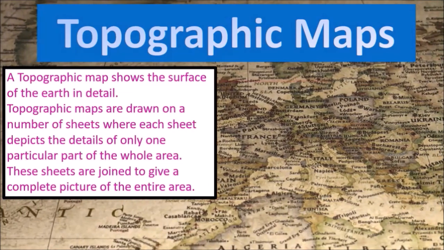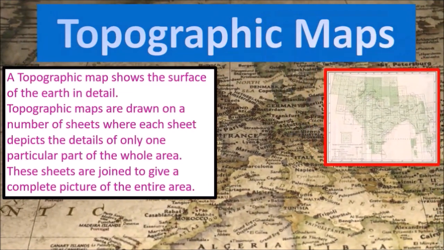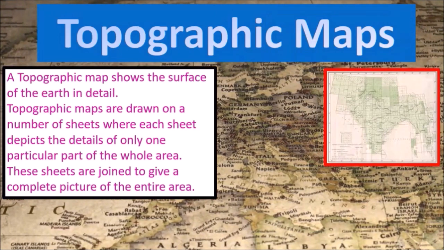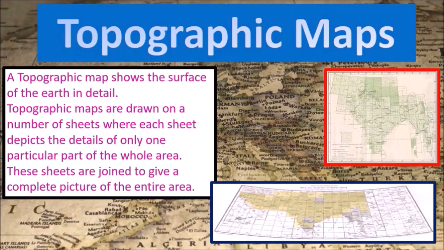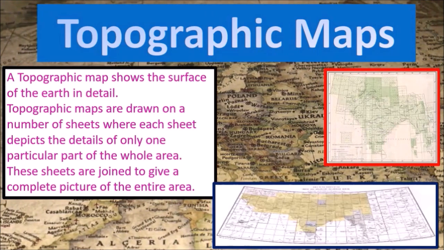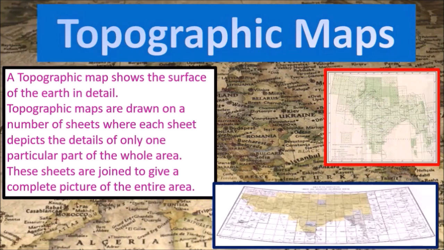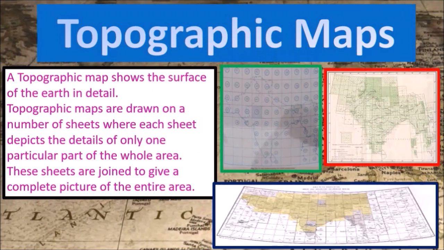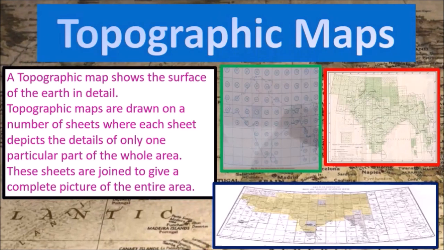A topographic map shows the surface of the earth in detail. Topographic maps are drawn on a number of sheets, where each sheet depicts the details of only one particular part of the whole area. These sheets are joined to give a complete picture of the entire area.